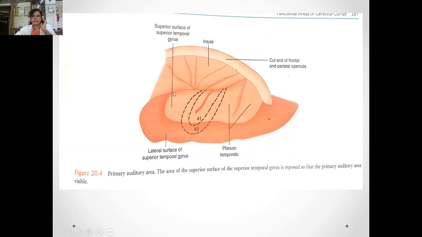So you can see that clearly in the primary auditory area: the superior wall of the posterior limb of the lateral sulcus is cut, this is the cut end of the frontal and parietal opercula, and the superior surface of the superior temporal gyrus is exposed, and here are areas number 41 and 42, and area 42 extends on the superolateral surface of this superior temporal gyrus. So this is the auditory area or primary auditory area or sensory auditory area, Brodmann's area number 41, 42.